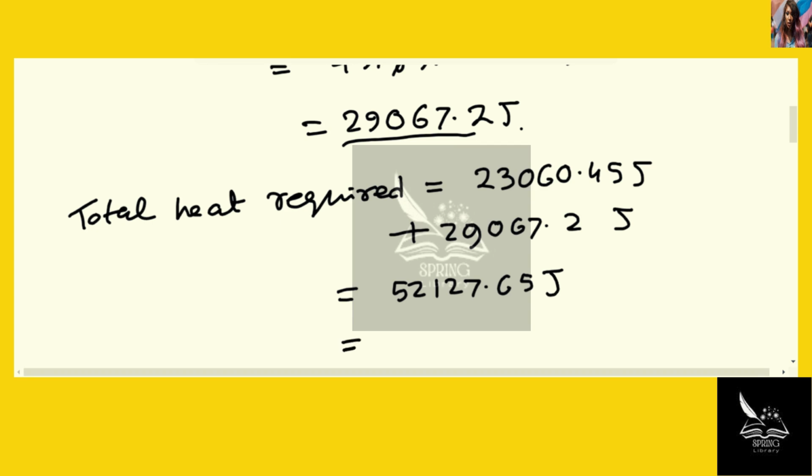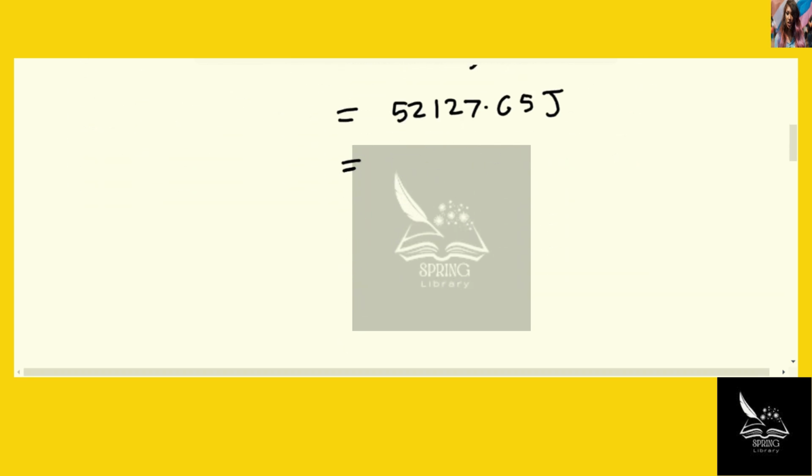If we divide by 1000, we get kilojoule, and that will be 52.13 kilojoule. So the heat required to convert solid tin at 25 degrees centigrade to liquid at 231.9 degrees centigrade, this is the total amount of heat required, that is 52.13 kilojoule.